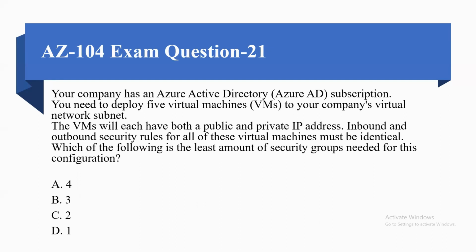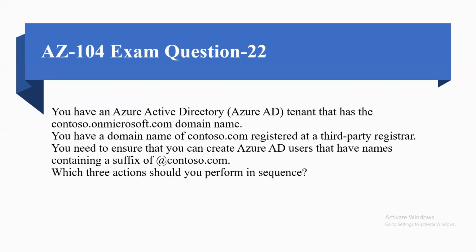Inbound and outbound security rules for all of these virtual machines must be identical. Which of the following is the least amount of security group needed for this configuration? Options are option A 4, option B 3, option C 2, option D 1. And the correct option would be option D 1.